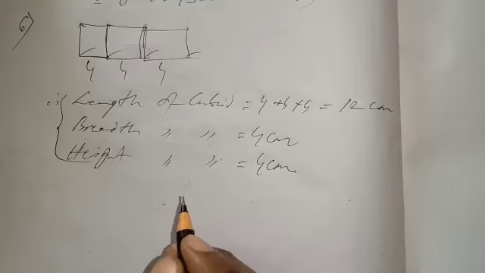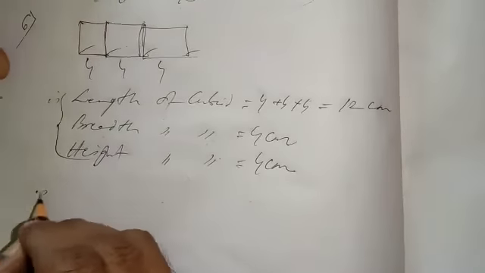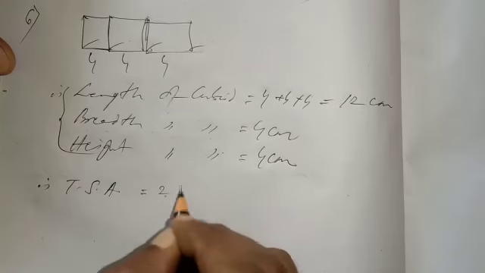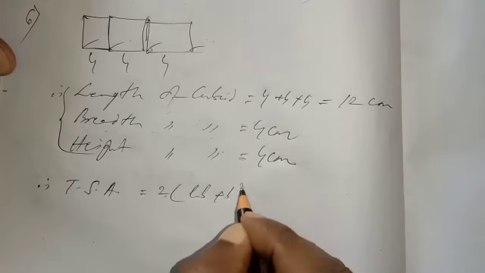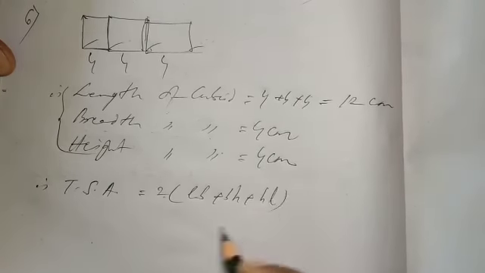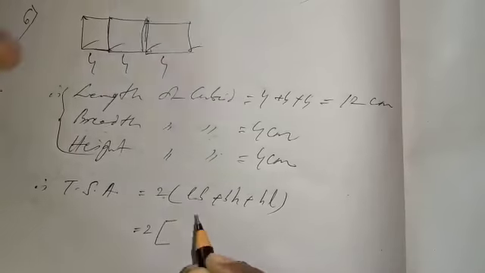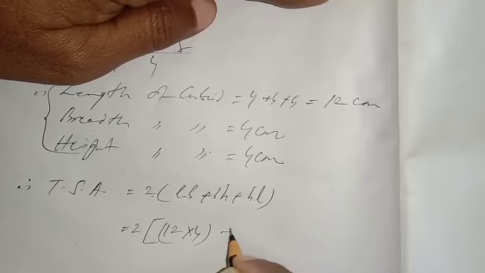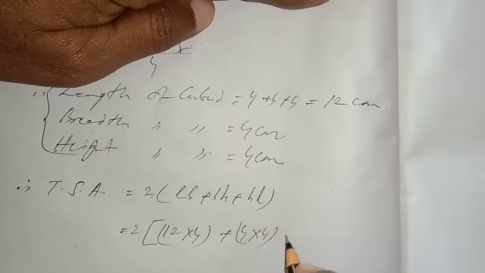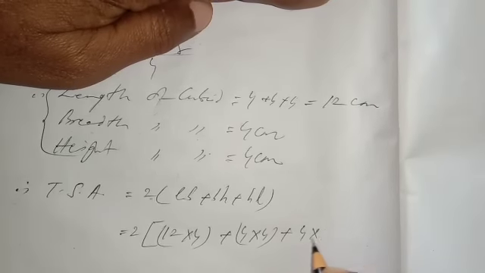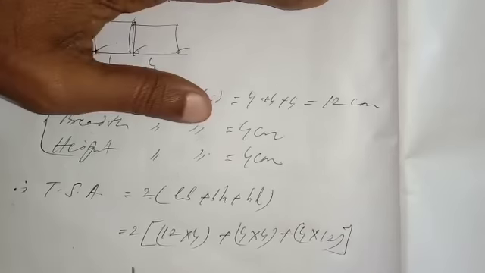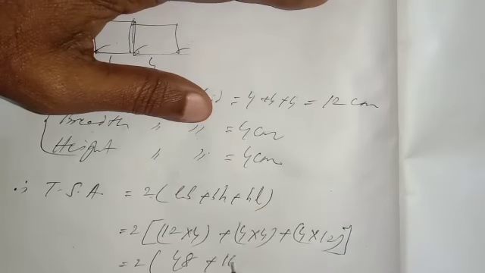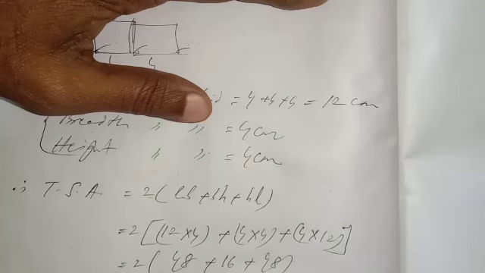And you will find the surface area of the cuboid. Surface area means total surface area. Total surface area of the cuboid so formed will be 2 into LB plus BH plus HL. L means what? 12. 12 into 4 plus 4 into 4 plus 4 into 12. It is coming 12 4s are 48, 4 4s are 16, 12 4s are 48.